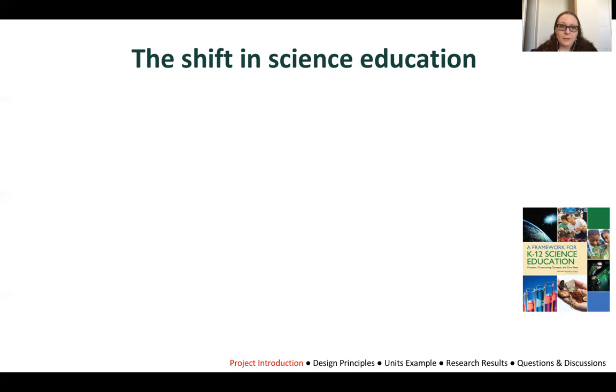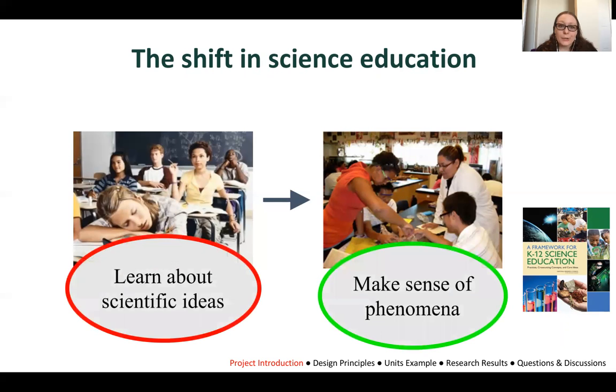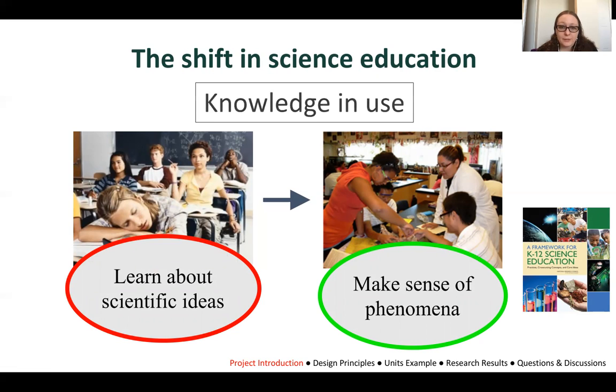And so just to speak a little bit about that, the shift in science education that the NRC called for in 2012 really asks science educators to shift from having students learn about scientific ideas by participating in lectures, reading textbooks, and answering questions on worksheets to figuring out their science education, or making sense of phenomena using the three dimensions that are listed in the performance expectations.